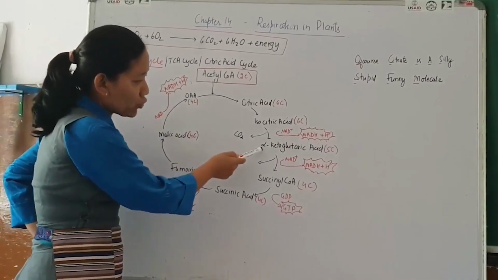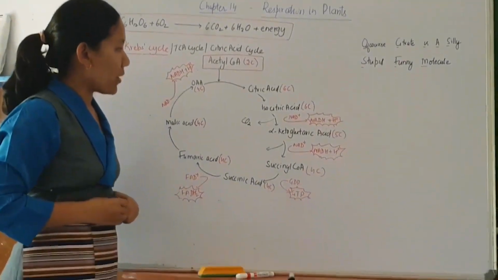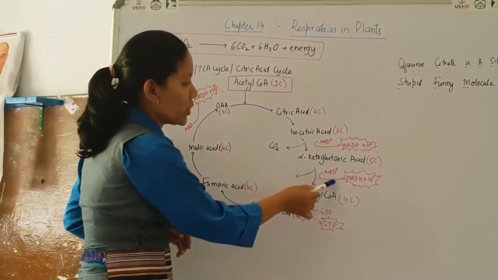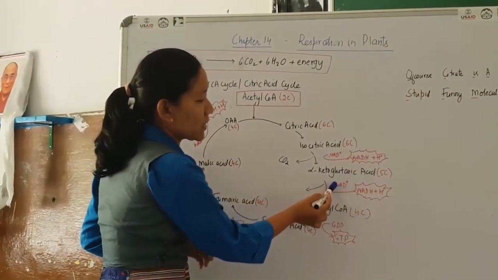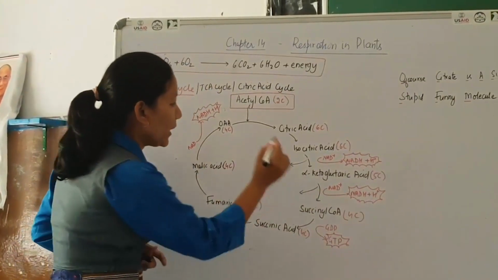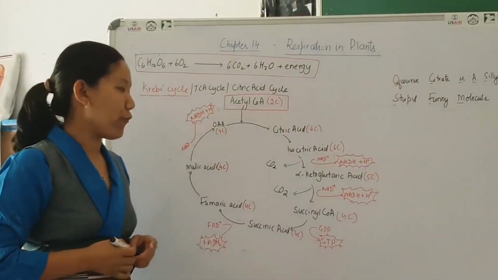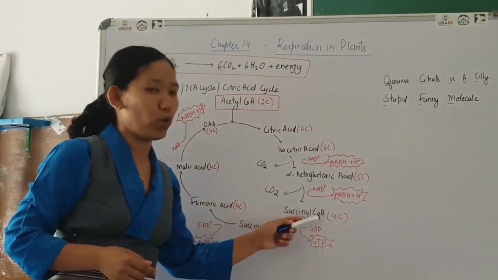Next, this alpha-ketoglutaric acid undergoes one more oxidation, wherein NAD plus is converted to NADH and hydrogen ion, and again there is a release of carbon dioxide, and the product formed is succinyl-CoA.